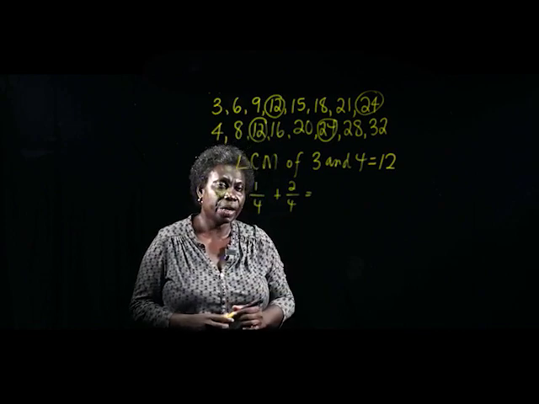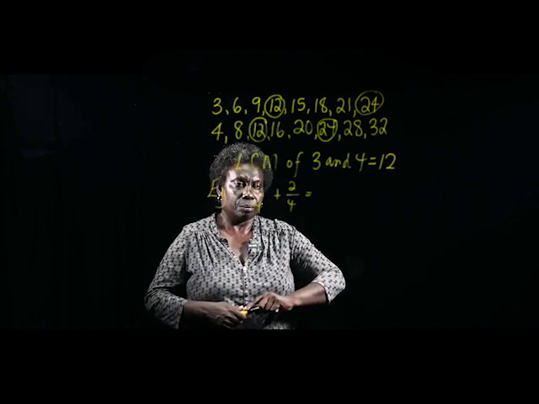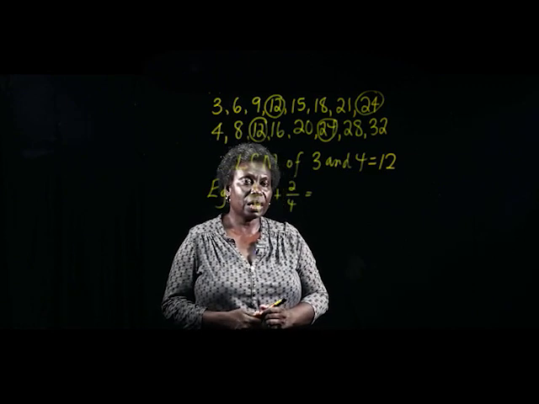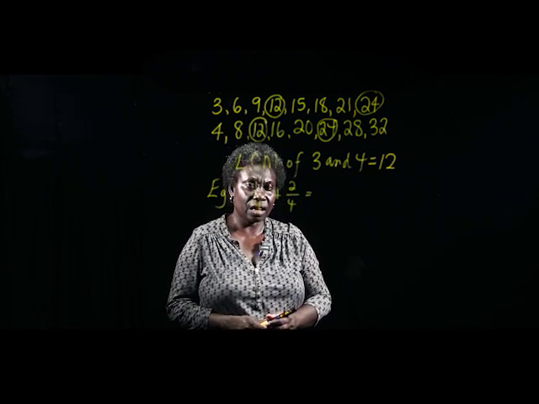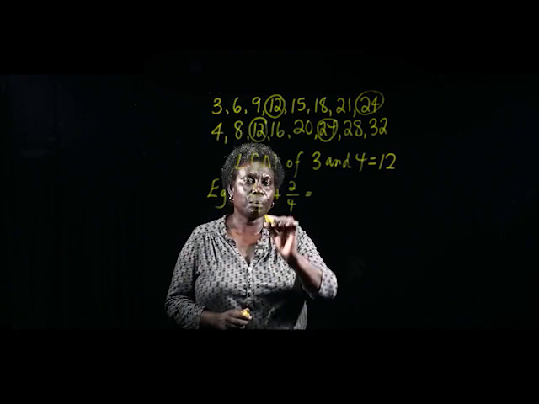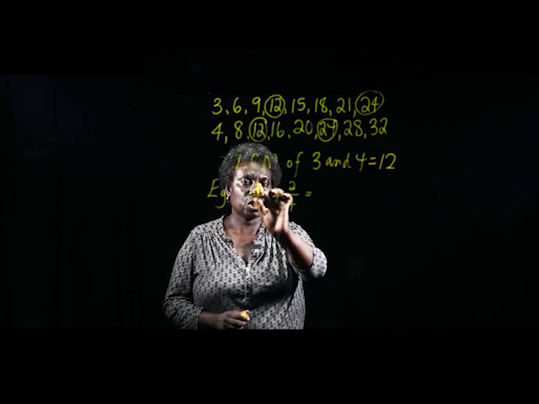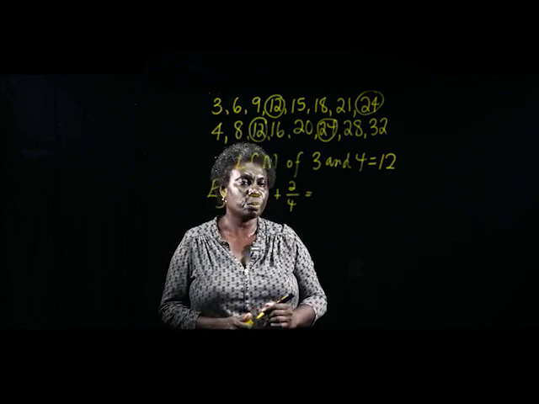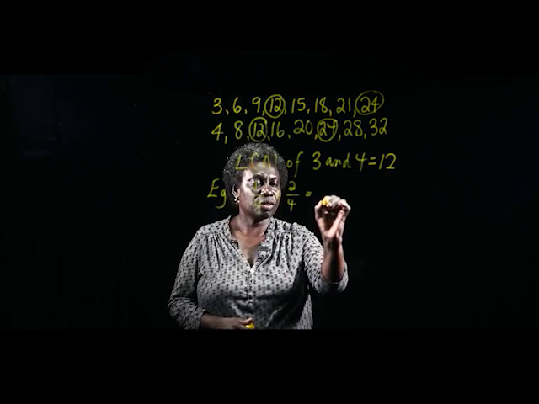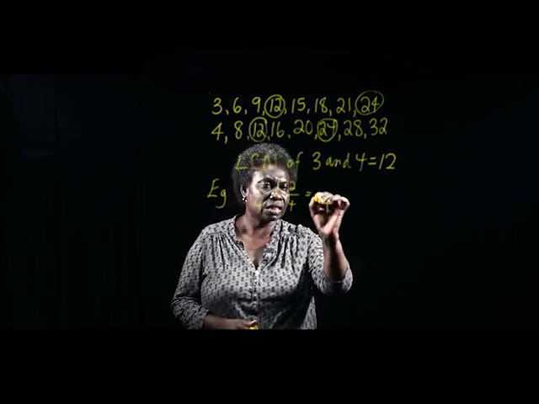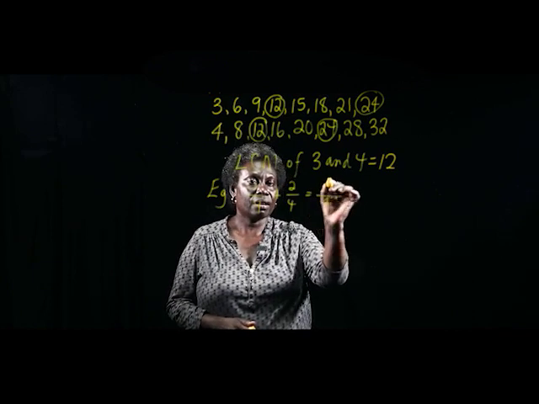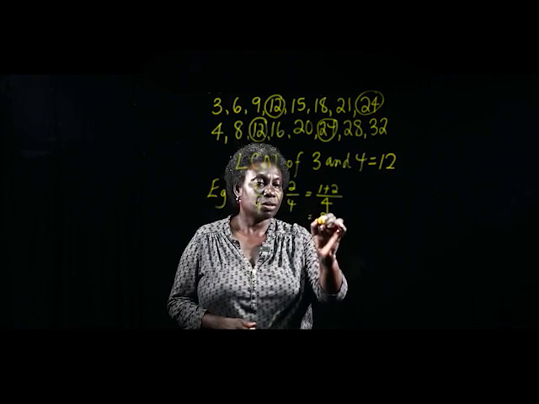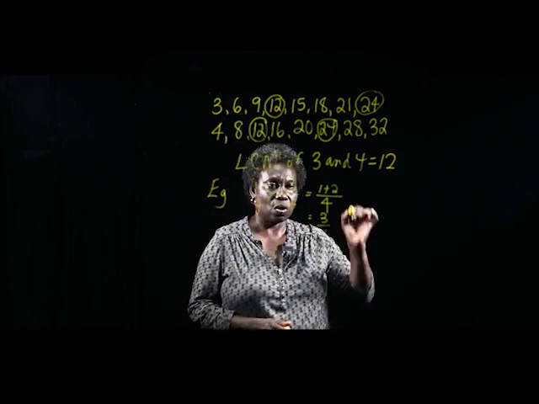When we are adding fractions with the same denominator, we only add or subtract the numerators. The number at the top in a fraction is called the numerator, and the number at the bottom is called the denominator. So in this one, same denominator, so we leave 4 as it is, and we add the numerators, 1 plus 2, and that gives us 3 over 4.